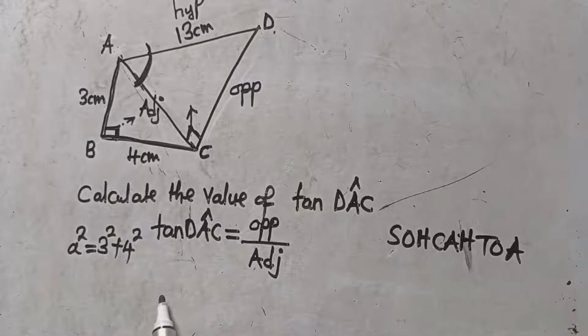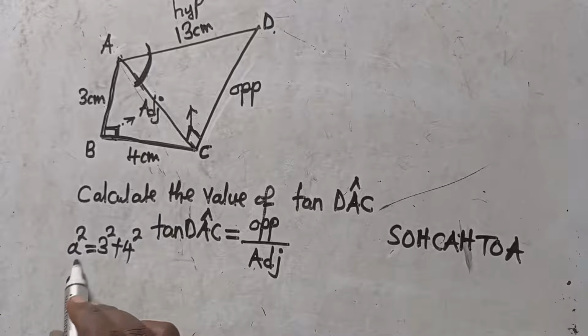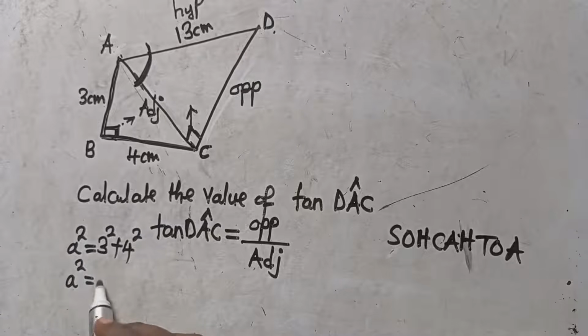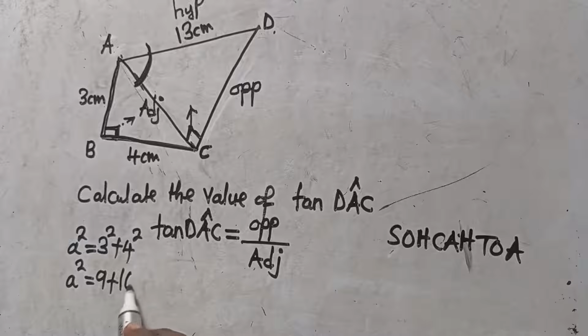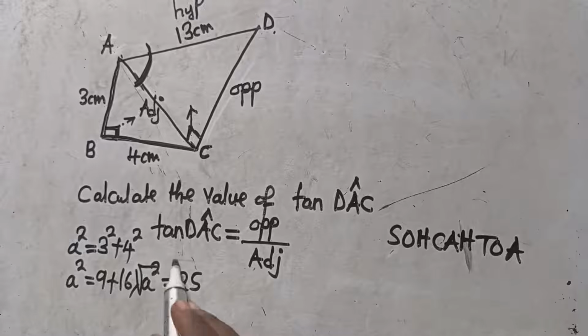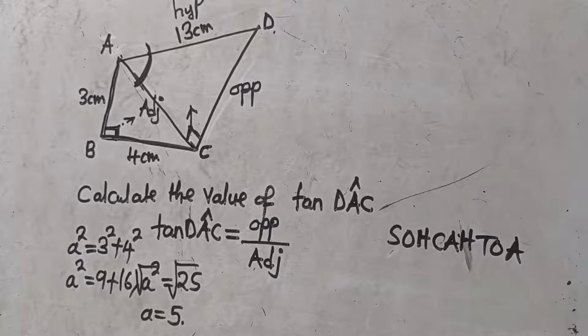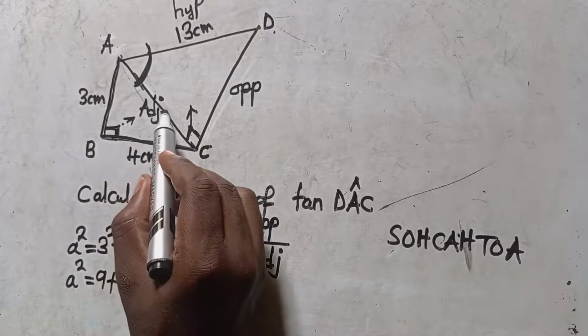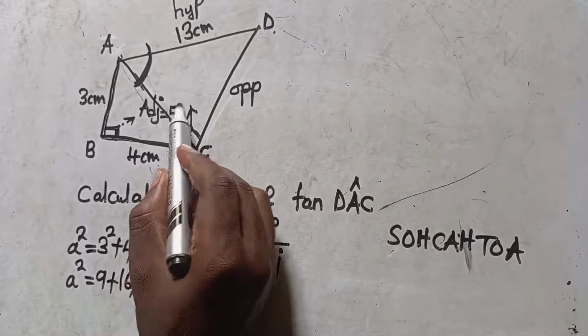A squared is equal to 9 plus 16, which is 25. Introduce a square root. So A is equal to 5.